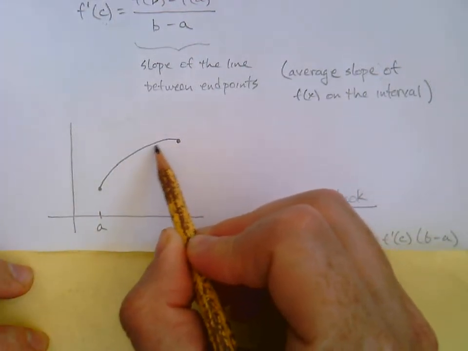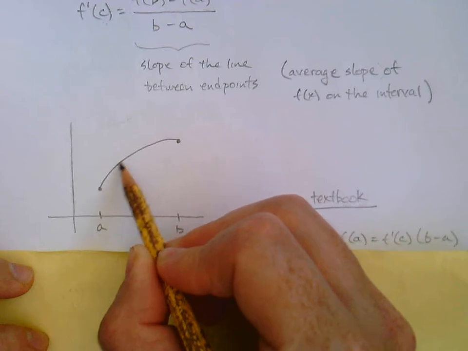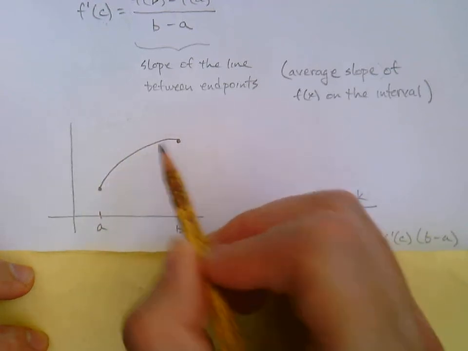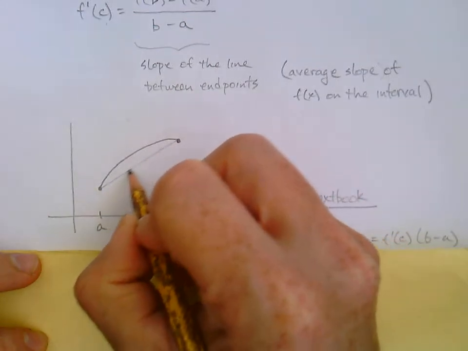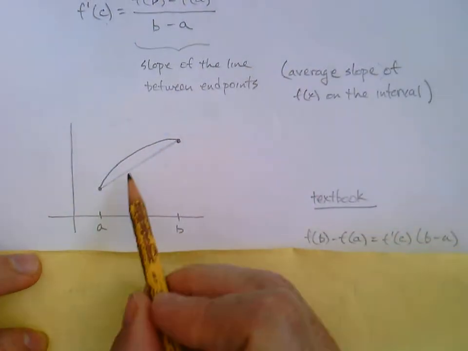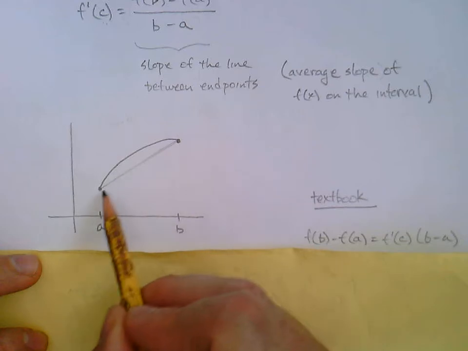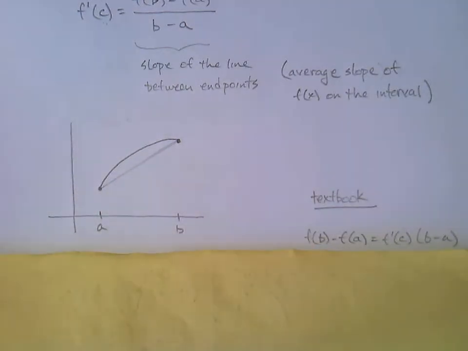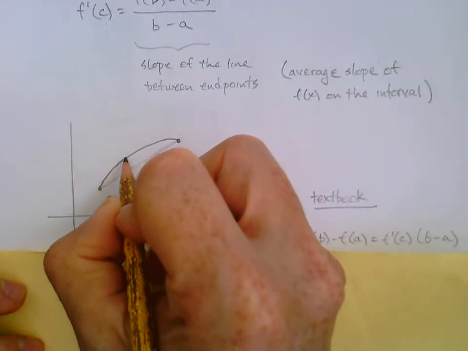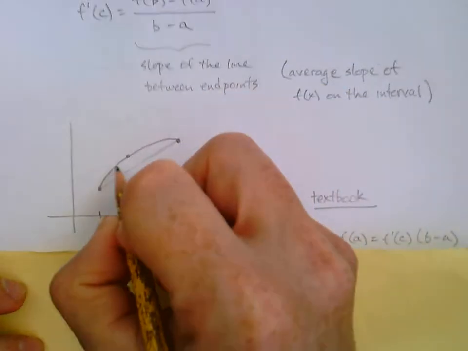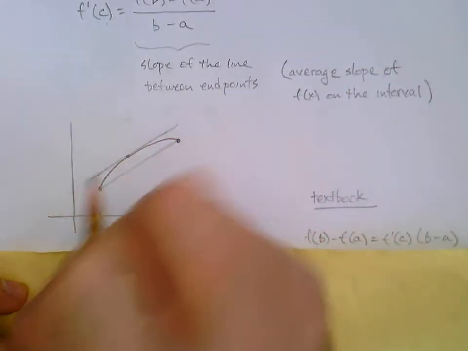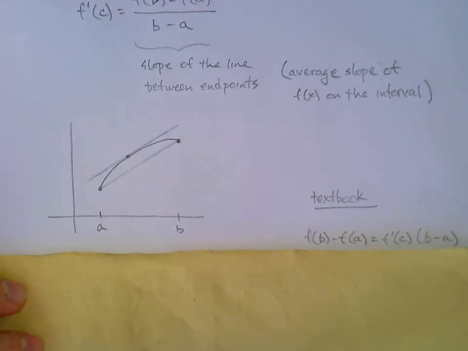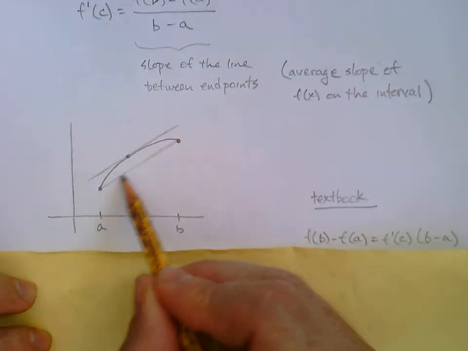Somewhere on this path, there's a tangent line that is parallel to the line connecting a and b. You're like, well, of course, right? Maybe I don't know exactly where it is, but maybe right there, that tangent line would be parallel to the line connecting them. So the slope there is the same as this slope.